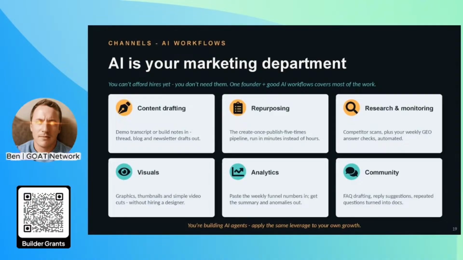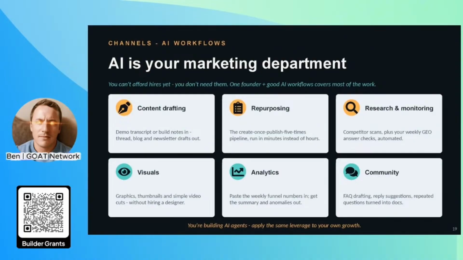You likely can't afford to hire yet, I'm sure. But you don't really have to at this stage. You just need to learn a really good AI workflow that works properly. One founder with good AI tooling can cover most of what a content writer, a designer, an analyst or researcher, and a community assistant could do for a project.